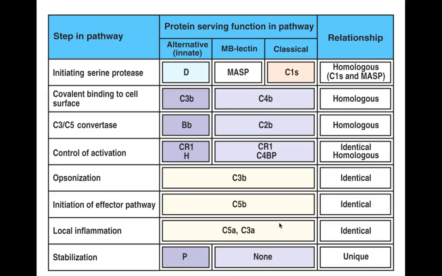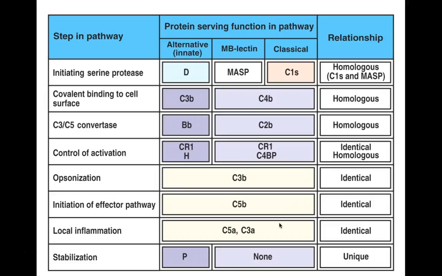And once we've generated the C5 convertase for either the alternative or all other complement pathways, then we're going to cleave C5 into a large and small fragment, with C5b serving as the initiator of the membrane attack complex.